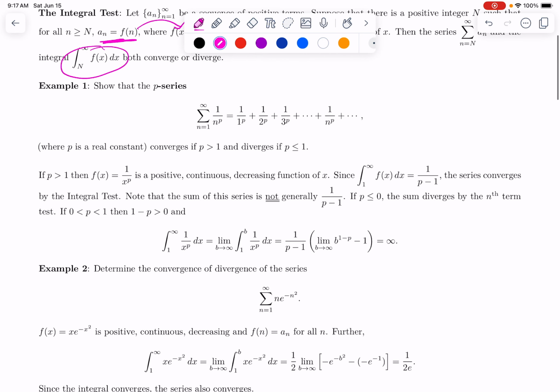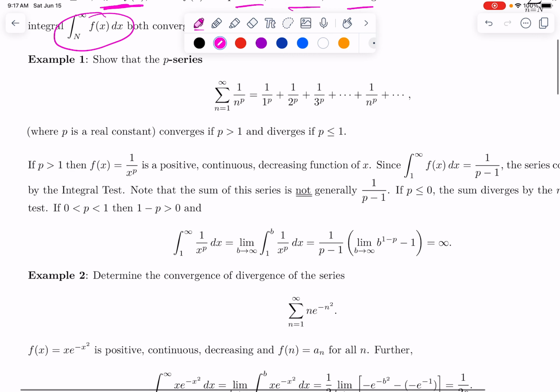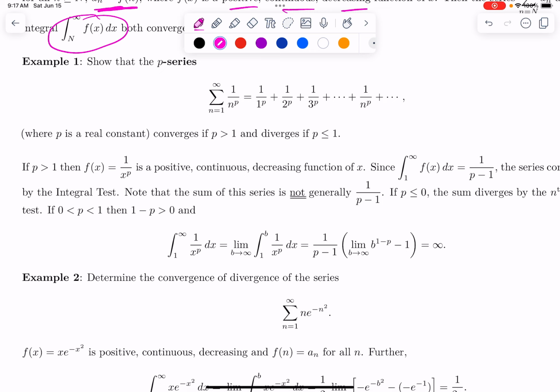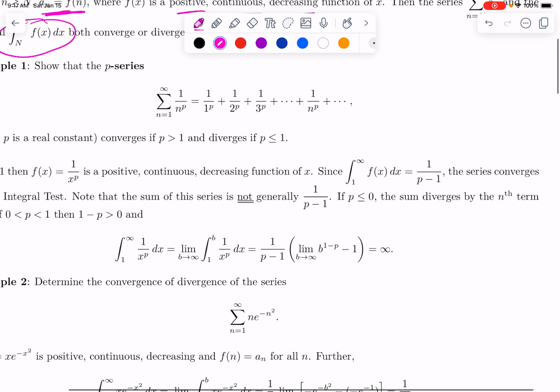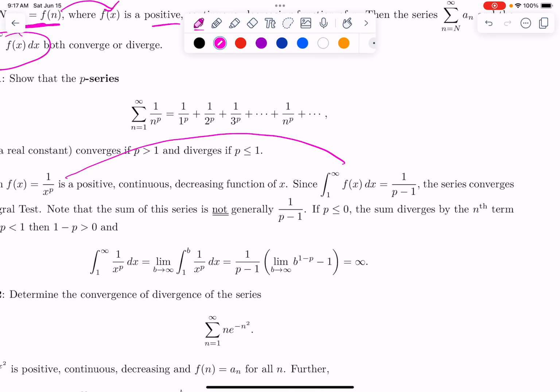So basically from there, based upon this series, if we were to do f of x as 1 over x to the p, we would first plug it into the integral, and basically from there it would be the integral of 1 over x to the p.